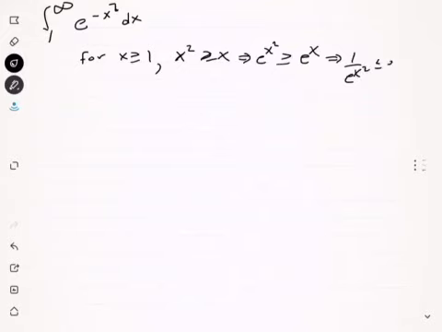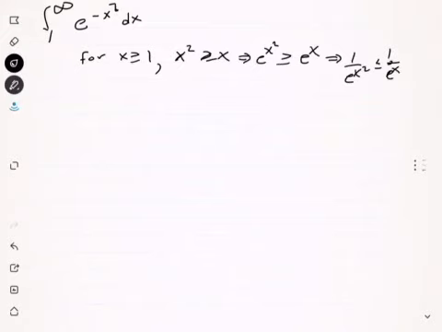For x bigger than or equal to 1, x squared is bigger than or equal to x, and therefore e to the x squared is bigger than or equal to e to the x, which means that 1 over e to the x squared is less than or equal to 1 over e to the x.